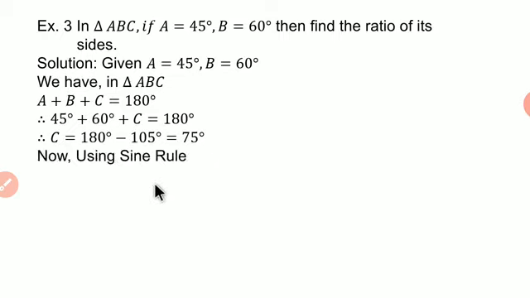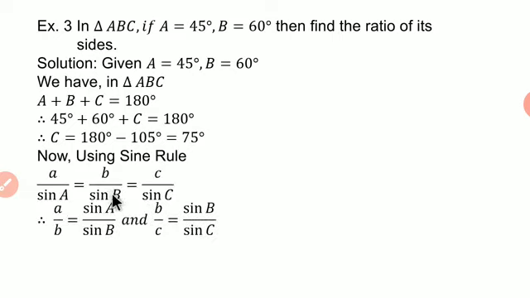Now using the sine rule, we know a upon sin A is equal to b upon sin B is equal to c upon sin C. And therefore we get here a upon b as sin A upon sin B and b upon c as sin B upon sin C. If we consider the first two equalities, we get a upon b, and if we consider the last two equalities, we get here b upon c.